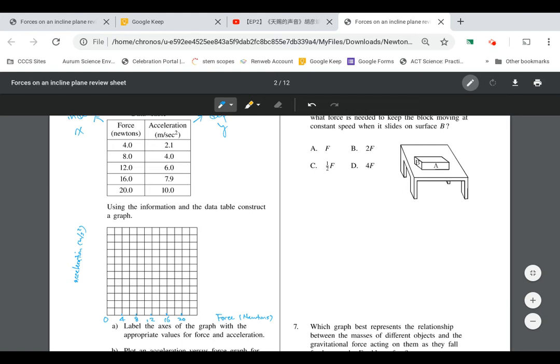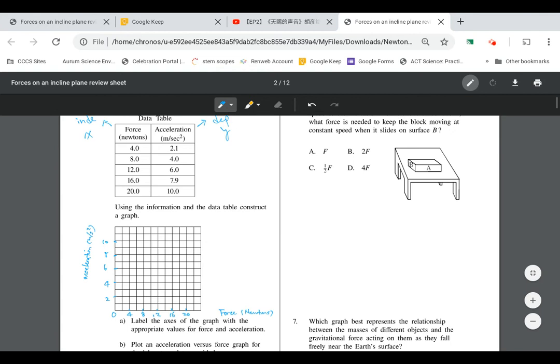And then the y-axis, this will be 2, 4, 6, 8, and 10. Okay? And now you plot force at 4, acceleration is 2.1, which is right here. 8 and 4, 12 and 6, 16 and 7.9, and then 20 and 10.